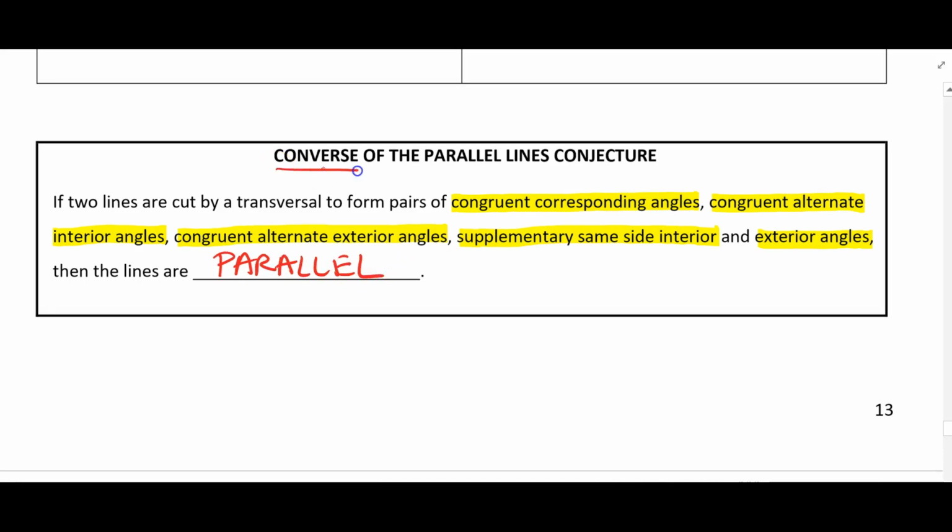Again, this is the converse of the parallel line conjecture that we talked about the other day. That one said if we start out with parallel lines, then these things are true. Now when we flip that around, we're starting out with the congruent angles or the supplementary angles, then we can show the lines are parallel.